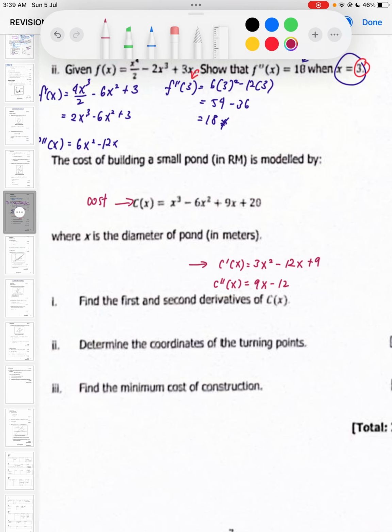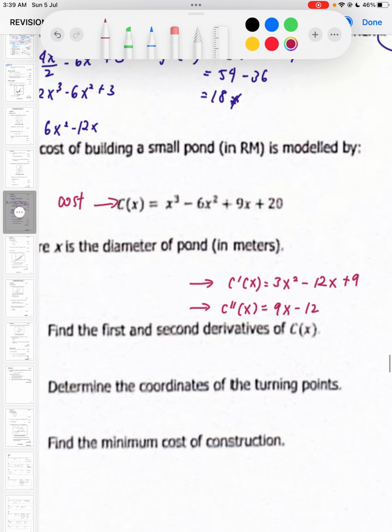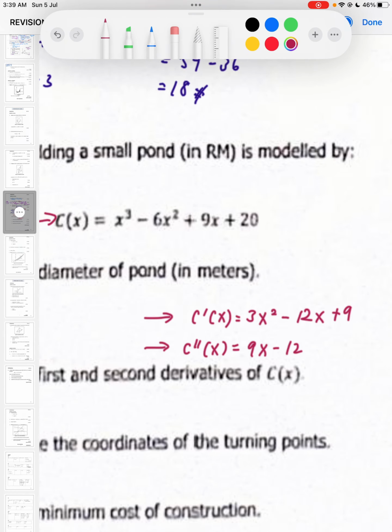The first derivative means the rate at which the cost is changing. Basically, it means how the rate of the cost changes. And then the second derivative is the nature of the graph. I don't know how this graph will look like. Let's just say something like this, like a graph will look like this, right?